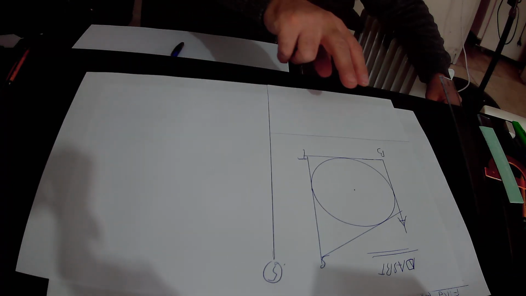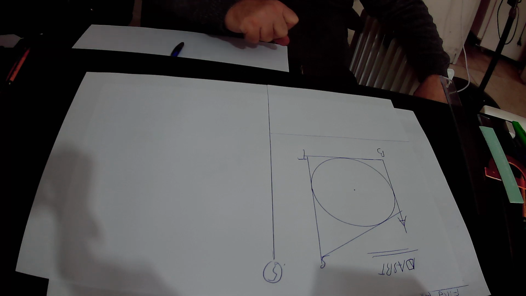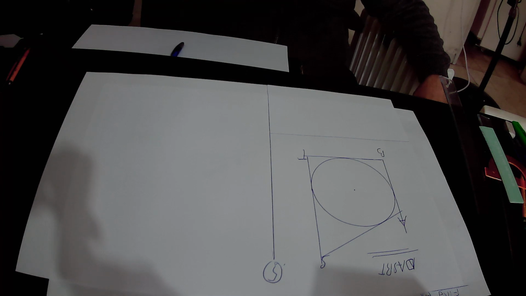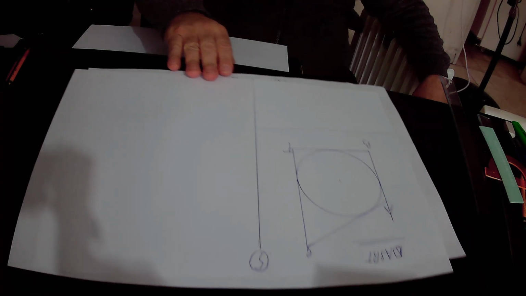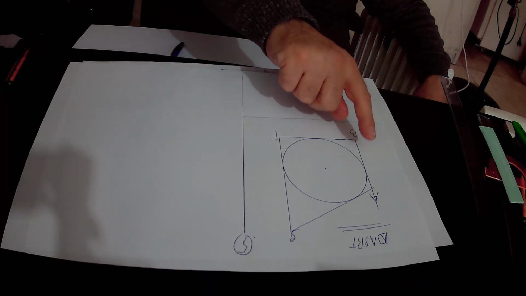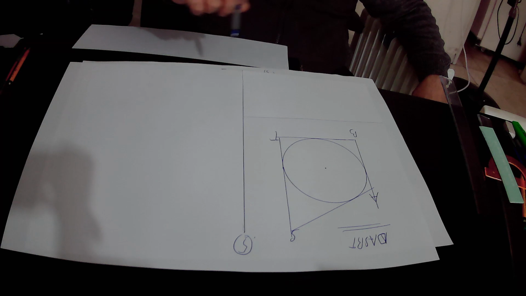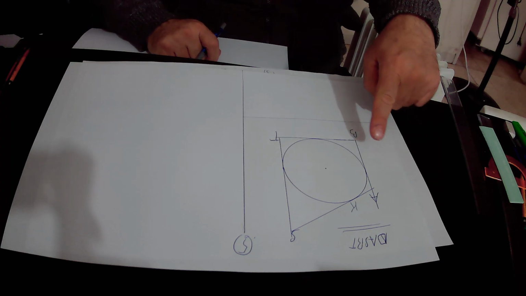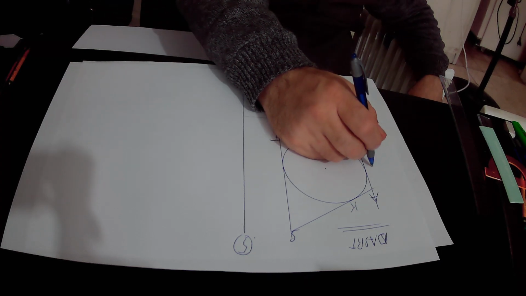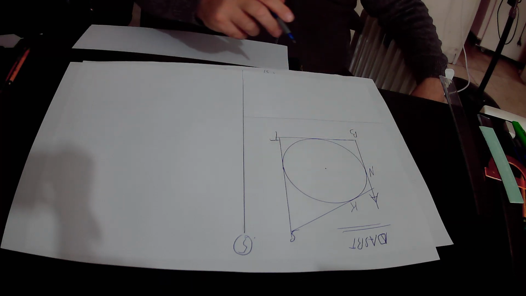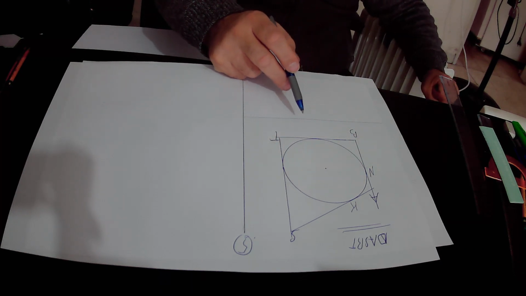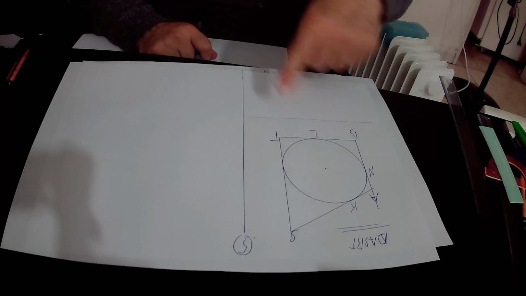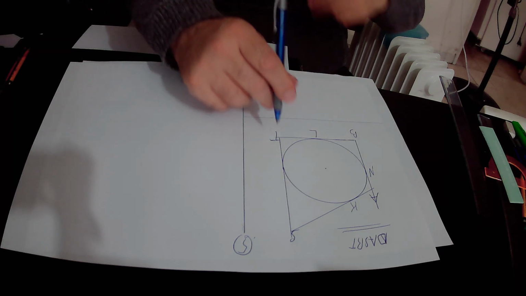So actually this is quadrilateral ASBT with the circle that is inscribed inside it that I copied from the original drawing. First of all, we'll define the point of tangency of tangent AS with this circle as K. We will define the point of tangency of tangent AB with this circle as N. We will define the point of tangency of tangent BT with this circle as L. And finally, we define the point of tangency of tangent ST with this circle as H.